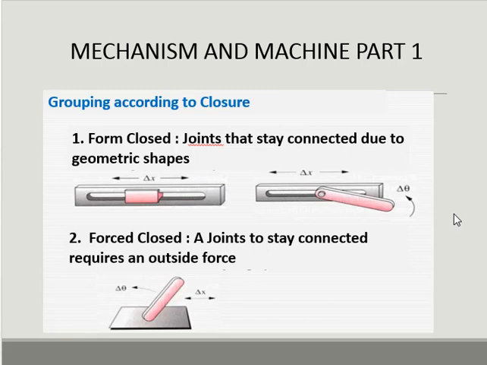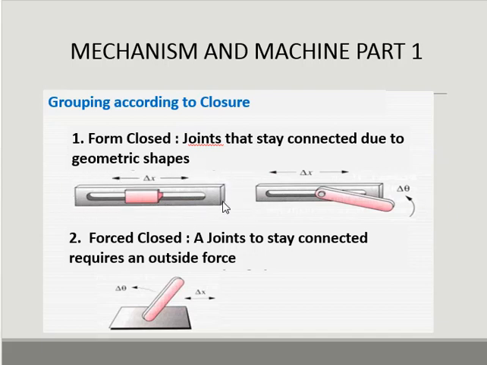We can discuss another grouping. This is grouping according to closure joint. They have 2 classifications. The first is form close, and the second is force close. Form close is a joint that stays connected by 2 geometric shapes.